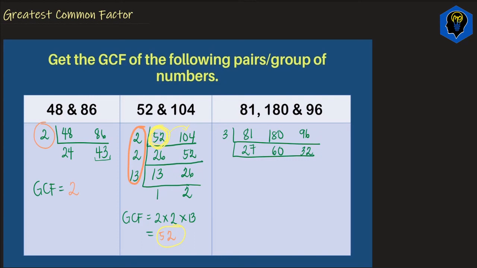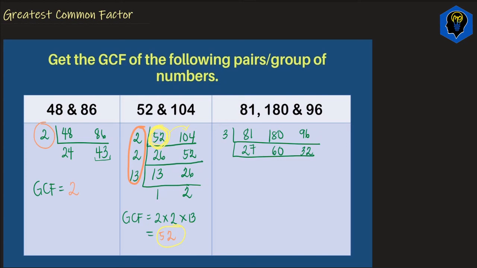27 is divisible by 3. Also, 60 is also divisible by 3. But the 32 is not divisible by 3. So the factor here should be divisible into all three for you to say that it's a common factor to all. But, can you think of other numbers?